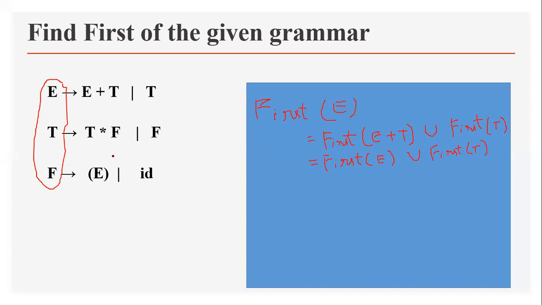Like that, if you try first of T, first of T means what? It is the union of first of T star F, that is, first of T is equal to first of T star F union first of F. It is the combination of two productions, is it not?